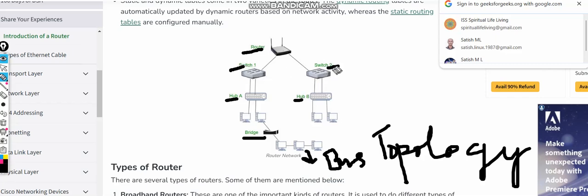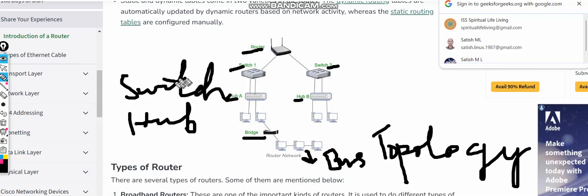So this is switch 1, switch 2. Switch 2 is again connected to the router. So what is the order actually here? First is hub. Hub is connected to the switch. Switch is connected to the router.